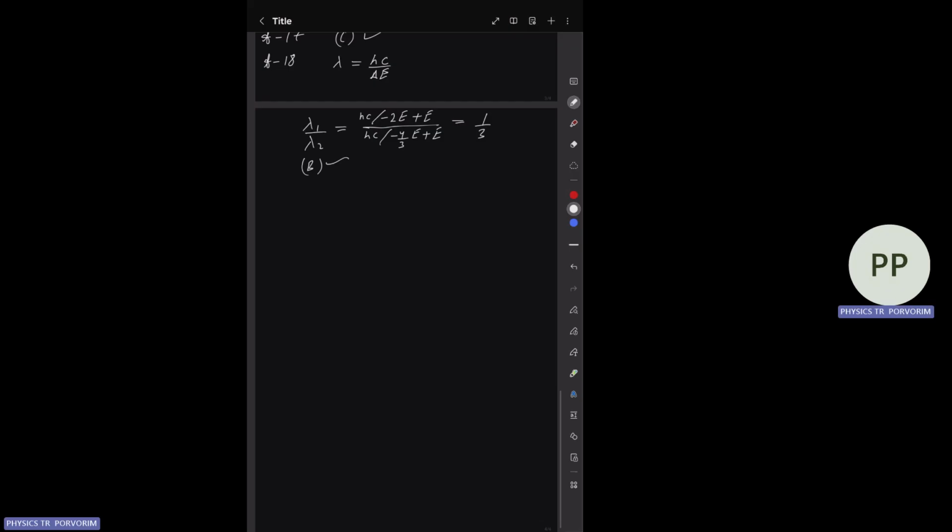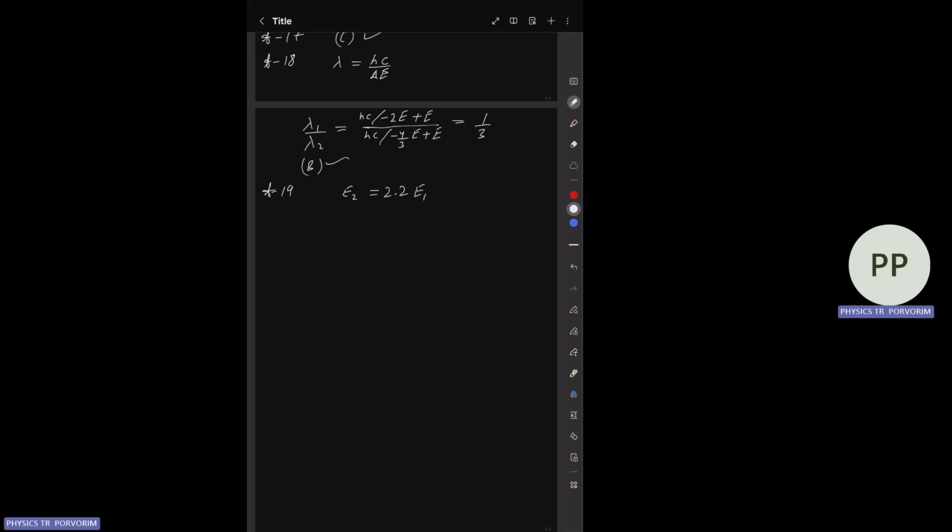Now, 19th question. In this question, the energy required to remove the electron from a singly ionized helium atom is 2.2 times the energy required to remove the electron from a helium atom. The total energy required to ionize the helium atom completely is... Let's say E2 is equal to 2.2 times E1.